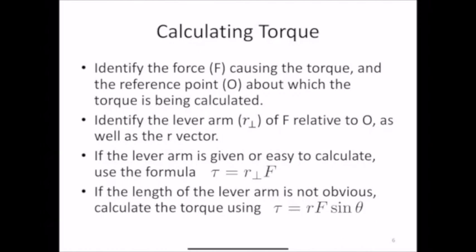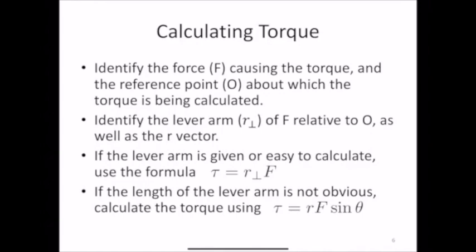What is the reference point about which I'm calculating the torque? And what is the force whose torque I'm calculating, right? The next step is try to spot the lever arm for that particular force, right? If the lever arm is something that's given, or if it's easy to calculate, then just use the formula torque is equal to lever arm multiplied by force. And that's usually the easiest way to find the torque.